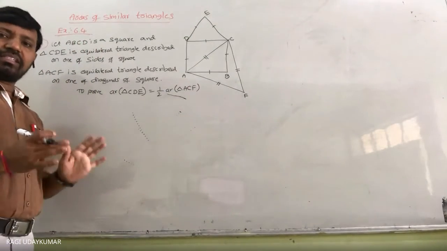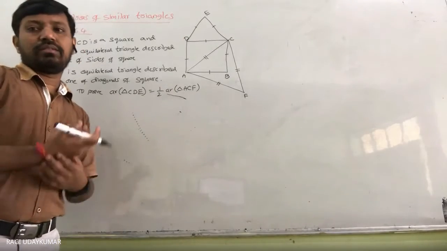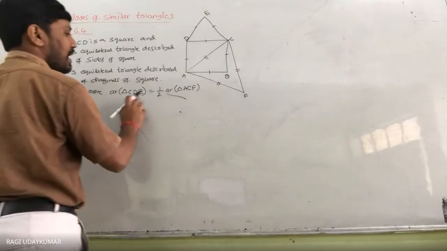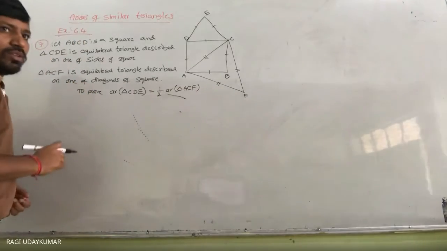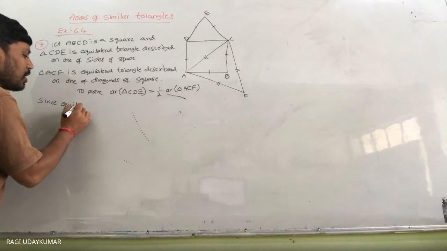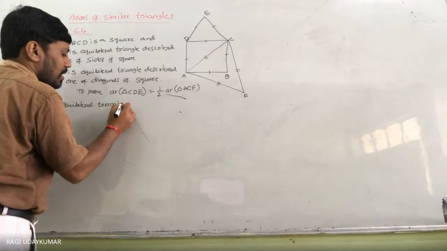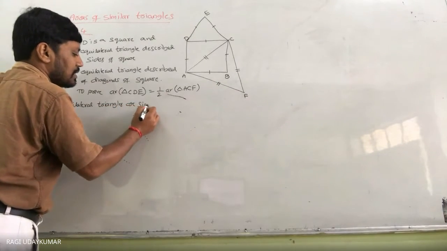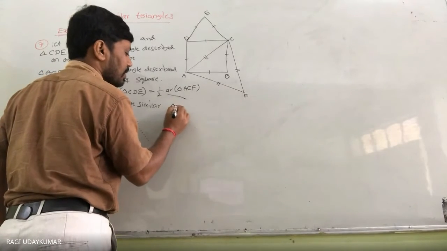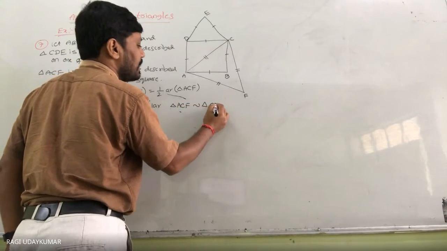Okay, this is required. Since the equilateral triangles are always similar, at that point we have that these two triangles are similar triangles. So since equilateral triangles are similar, triangle ACF is similar to triangle CDE.